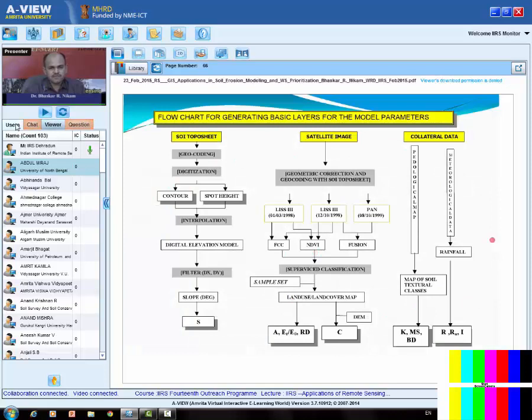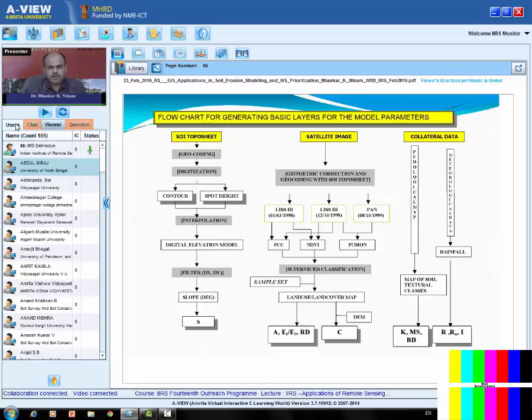So you can see this is a flow chart where from topo sheet the DEM was generated and the topographical factor slope was generated. From satellite data, the vegetation index, the land use map, and all associated parameters like the C factor, A factor, ET by E0 ratio, RD was developed.